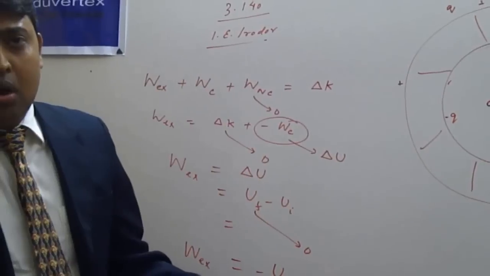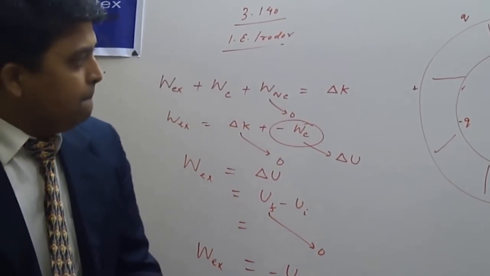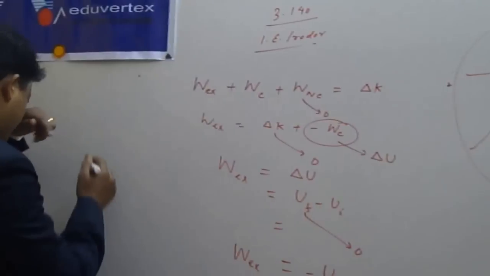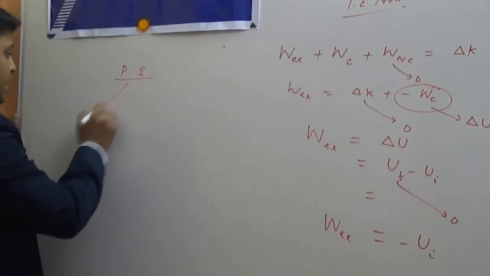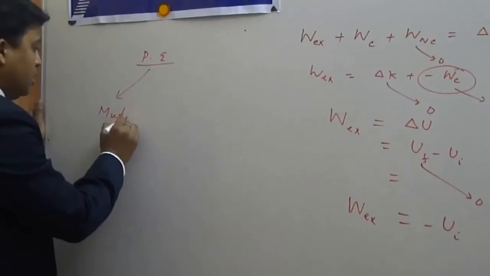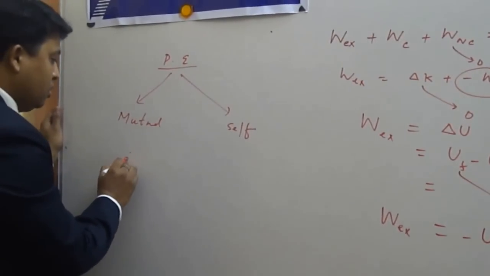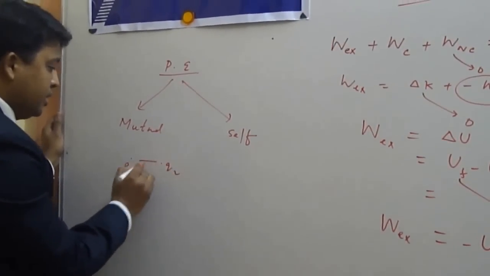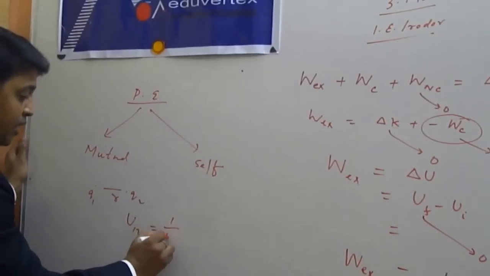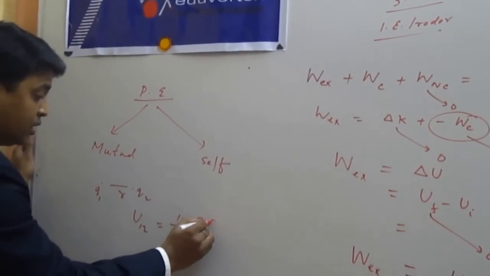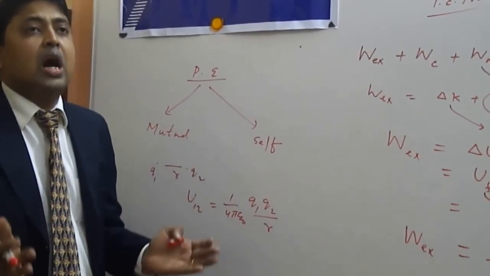So let us calculate the potential energy possessed by this system. In electrostatics, potential energy will be mutual and self. Mutual, for Q1 and Q2 separated by R, the mutual potential energy U12 is 1 by 4 pi epsilon naught Q1 Q2 by R. Self is due to its own charge configuration.